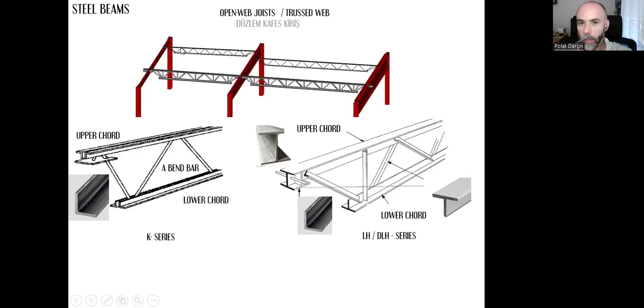As you can see, this is created with a band bar, and this is created with the bigger L-shaped profiles. Again, you can use that in your school projects. A 200 millimeter height K series beam can span up to 4 to 5 meters between two columns.